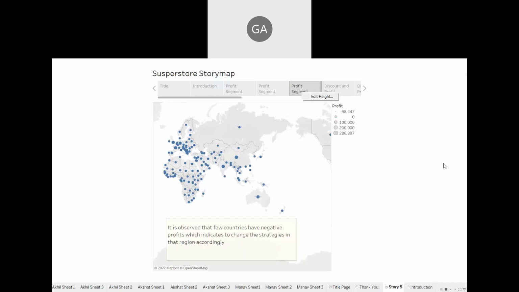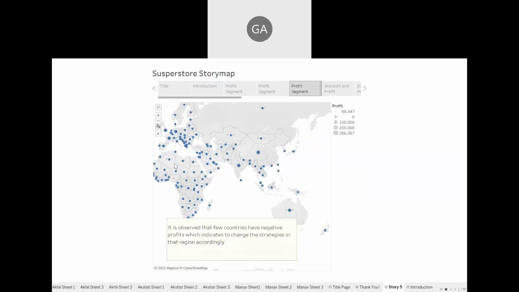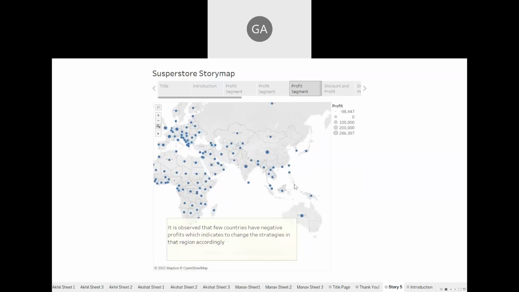Yeah. So here we have covered over 163 countries, and this graph describes the total profits of each country. If you go to the blue dots, it will show the country name and its total profits. If you observe, more than 30 countries have negative profits, which indicates the loss we faced.